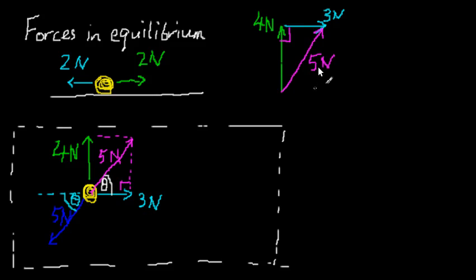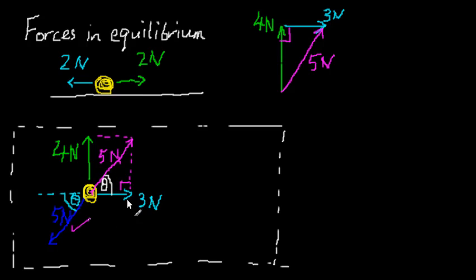So we have just remembered the method for finding the resultant vector using a triangle. So that's the resultant vector. Now, back to what I was hoping to find right from the beginning: this force that will balance the 4 newton and 3 newtons.